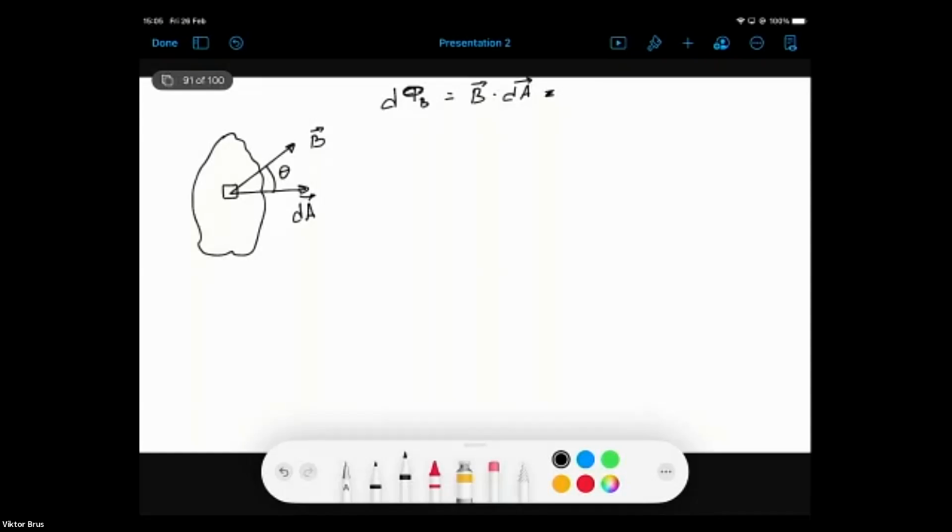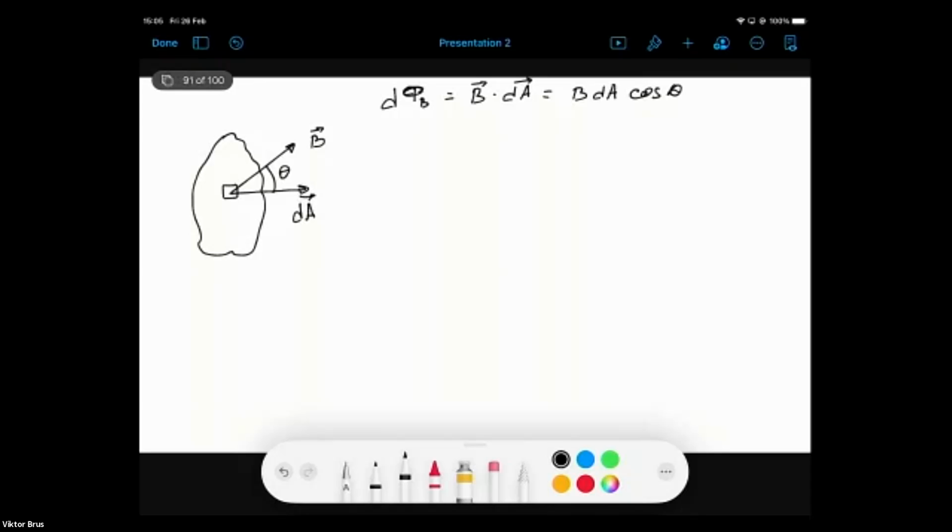In absolute values, actually, it will be a scalar number because we have a scalar product. So it will be the product of magnetic field times the absolute value of dA times cosine theta between these two vectors, the magnetic field and the surface element vector dA.